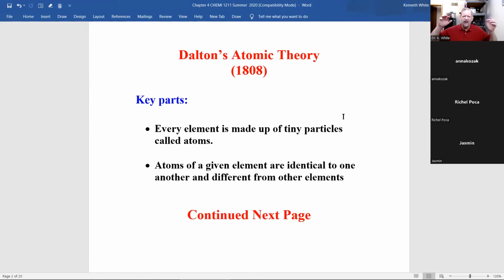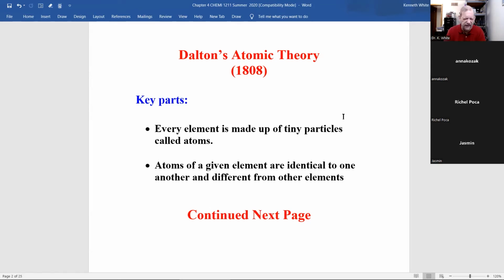Before then, they had all sorts of weird things going around in the 1600s, 1700s, like earth, wind, fire, and I forgot water, all sorts of magic, mist, and it was just hokey pokey stuff. But Dalton put chemists on the right road.